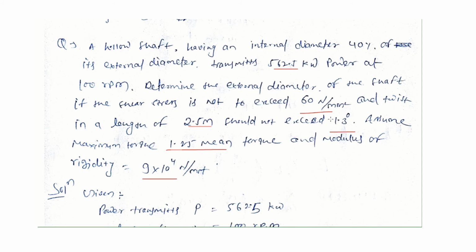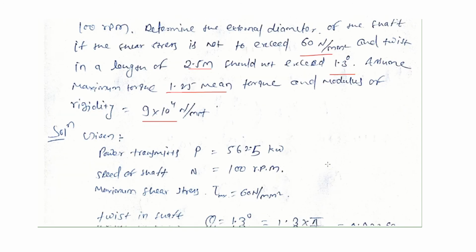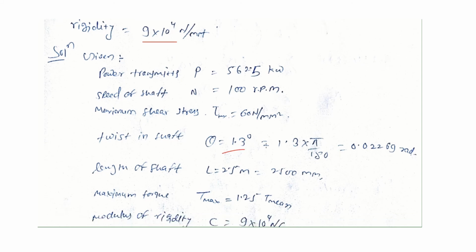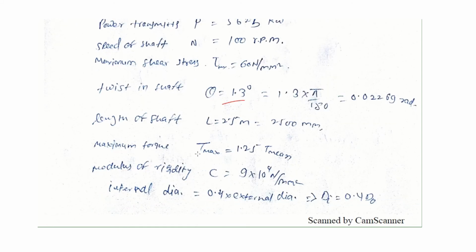Now here the given data is power transmitted, maximum shear stress, and the angle of twist. So here are two conditions for calculating diameter. One condition is for maximum shear stress, another one for angle of twist. So here theta is this, and in this question there is a condition T max equals 1.25 T mean.